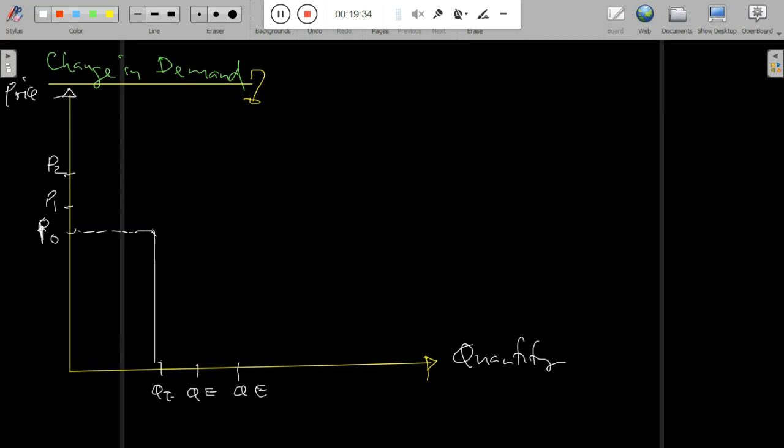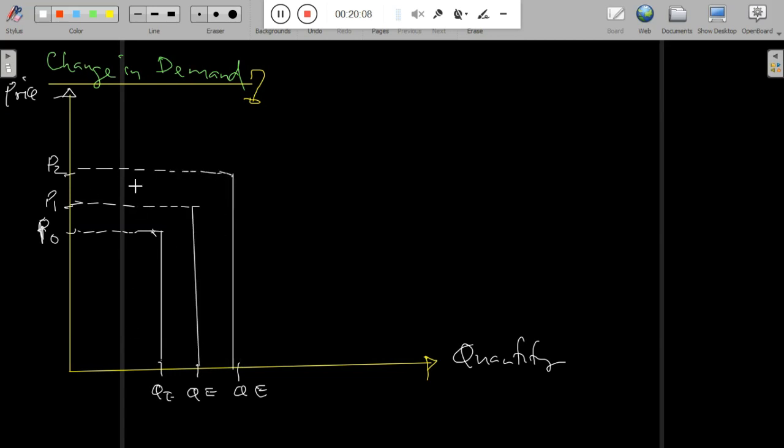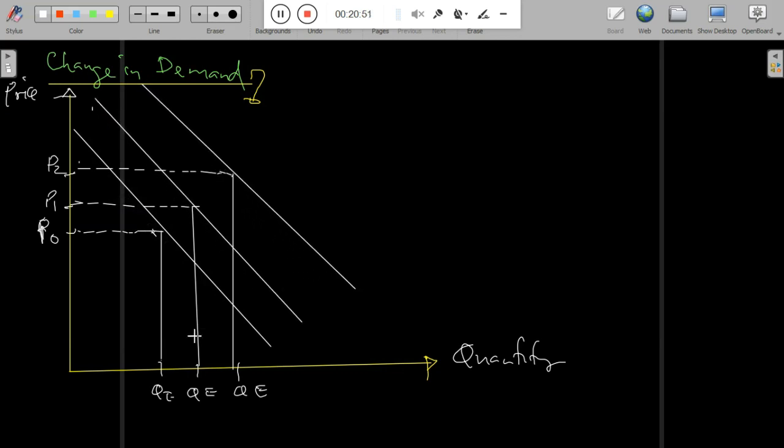Suppose now the price increases from P0 to P1, so we observe the quantity demanded increases from QE, and when the price increases further, to P3, the quantity demanded increases again.